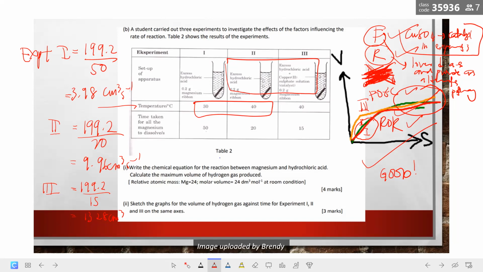It is hydrochloric acid, but it's also not hydrochloric acid. Hydrogen ions. Very good. Hydrogen ions and Cl minus. No.